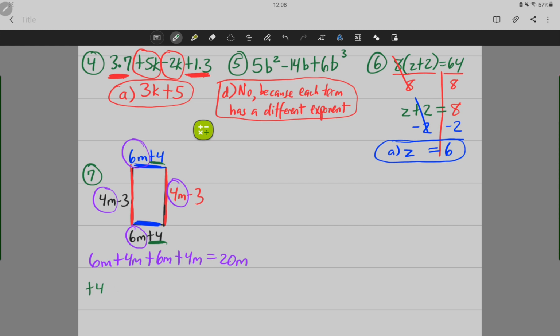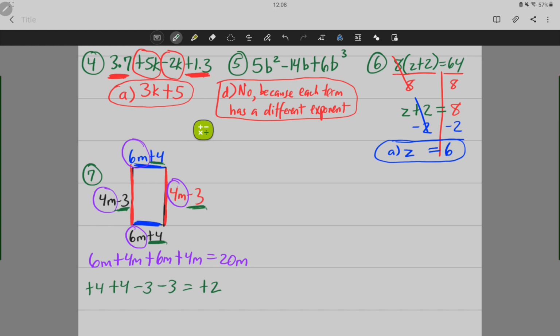See, it says plus 4. Now it says minus 3. And this also says minus 3. So 4 plus 4 is 8. 8 minus 3 is 5. And 5 minus 3 is positive 2.